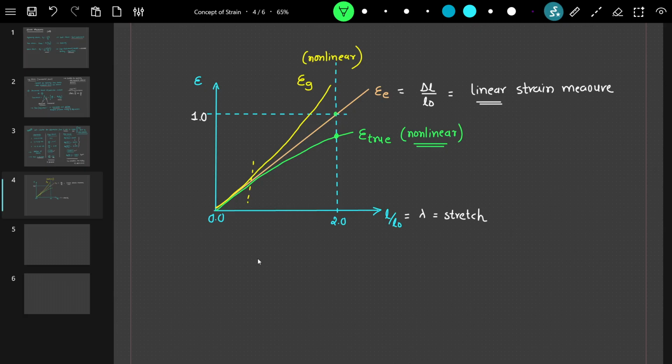So in the next lectures, we will start seeing the derivation of strain measures and different strain measures like nominal shear strain measures. We will see this for the 1D case and extend our understanding to 3D strain measures.